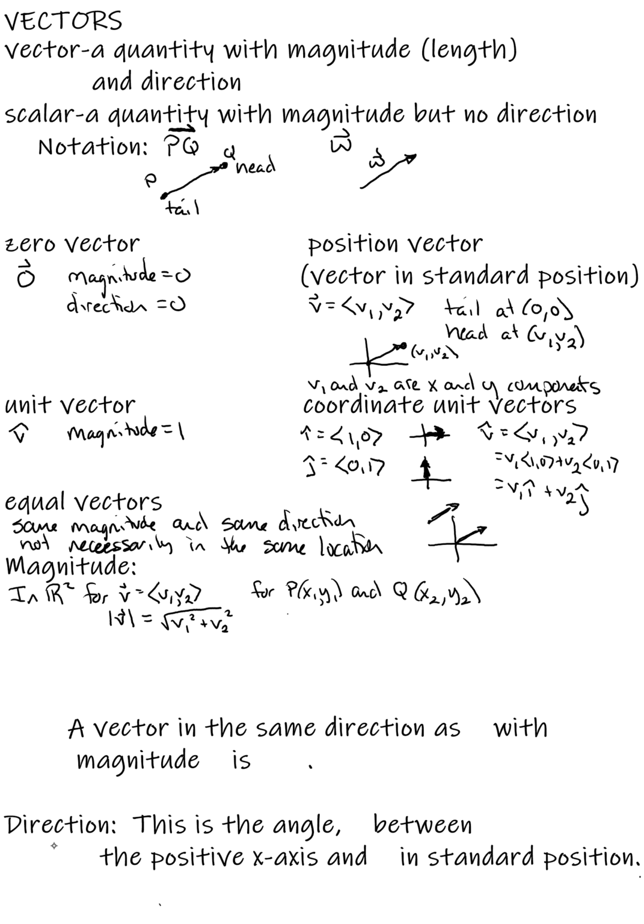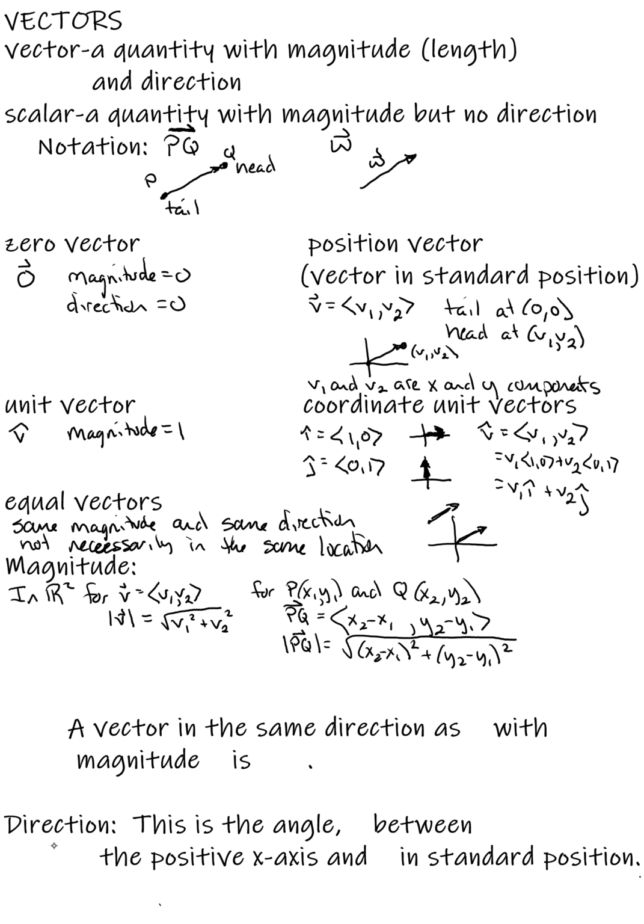Then the vector PQ is, notice this is vector notation, x2 minus x1, comma, y2 minus y1. And the magnitude of that vector is the square root of (x2 minus x1) squared plus (y2 minus y1) squared.